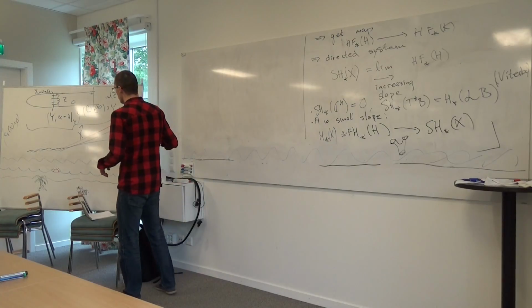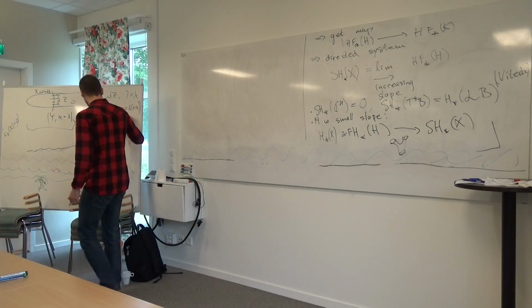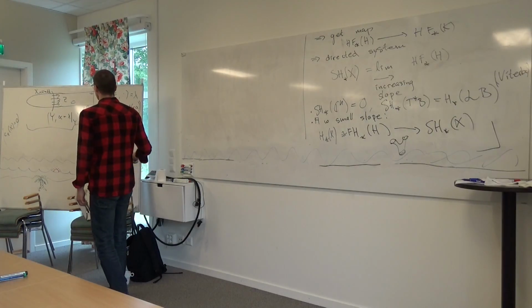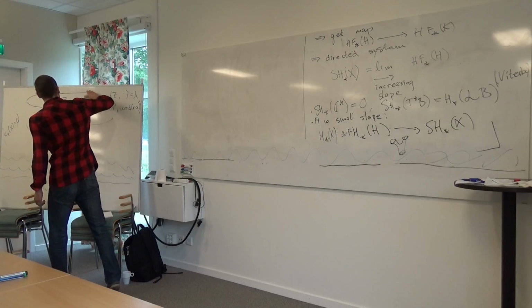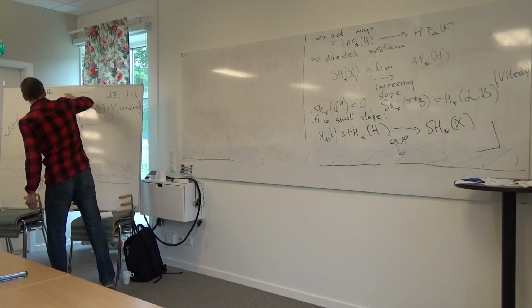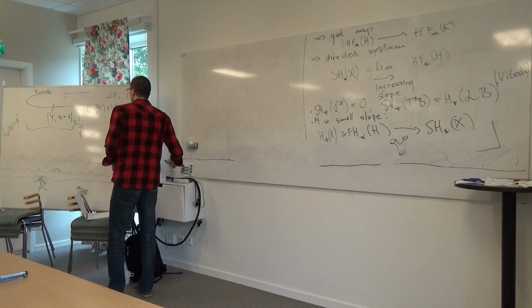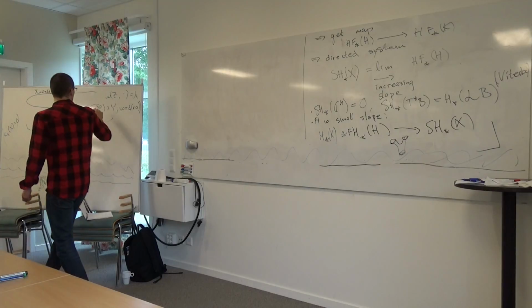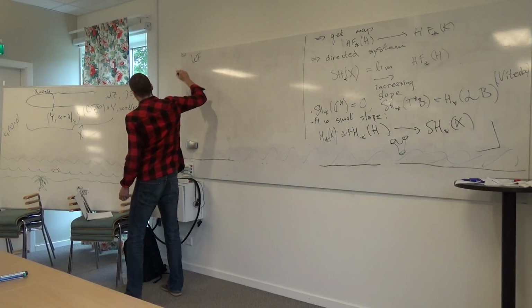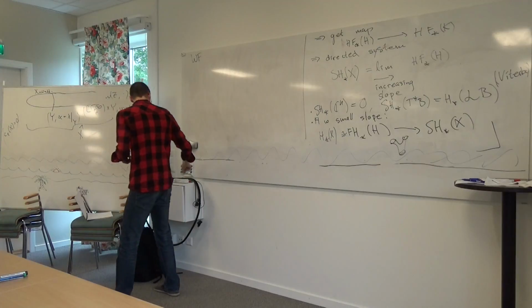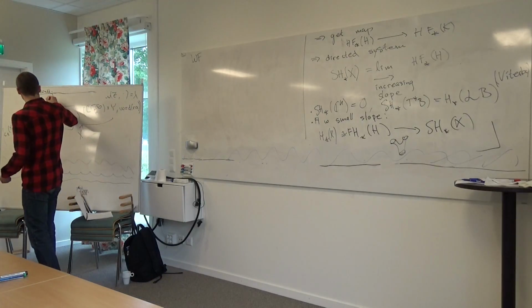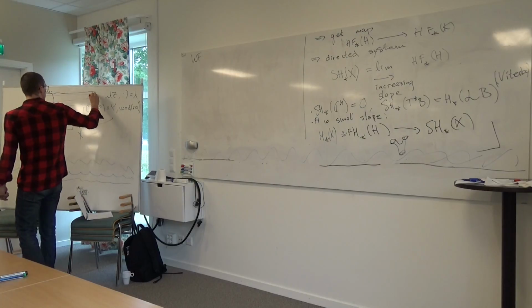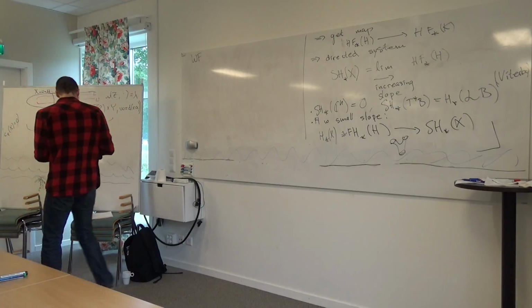Now I will change the picture a little bit. Suppose now you have two Lagrangians. This is L, this is L prime.